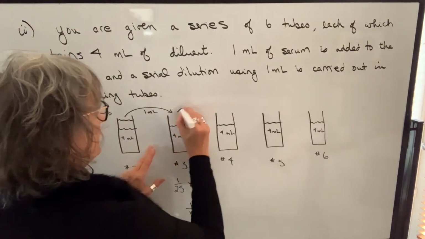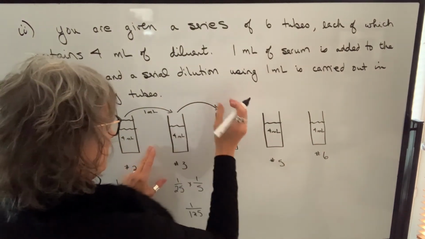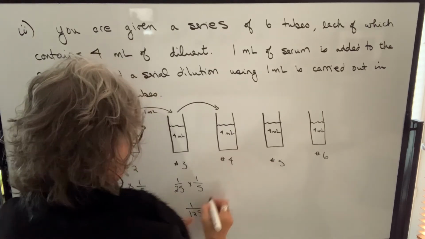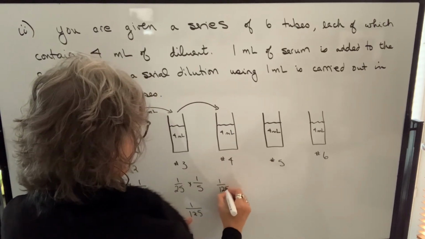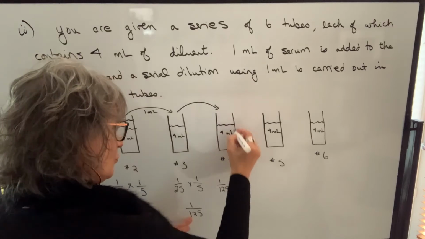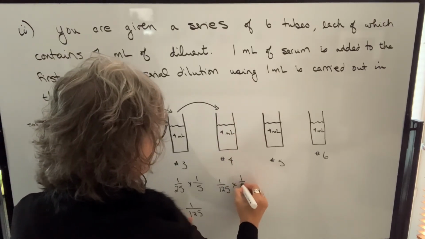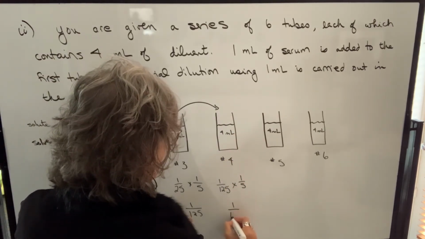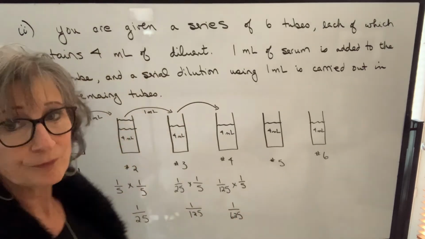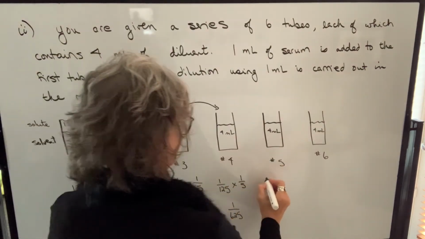So again, we're taking 1 milliliter here and adding it here. So it's going to be this concentration of 1 over 125 times this new dilution factor of 1 to 5, which gives me 1 to 625 dilution. Do the same thing here.